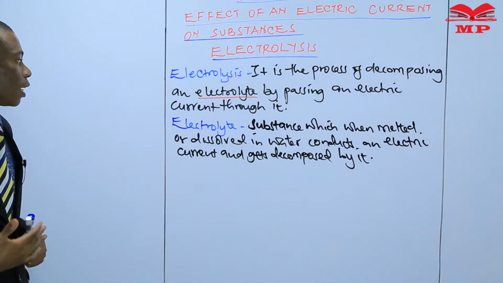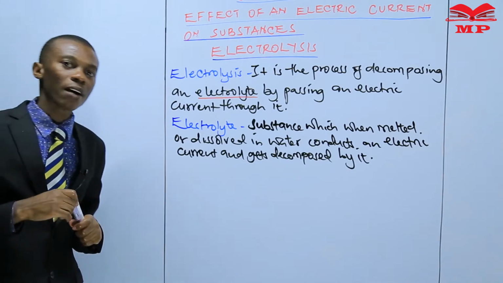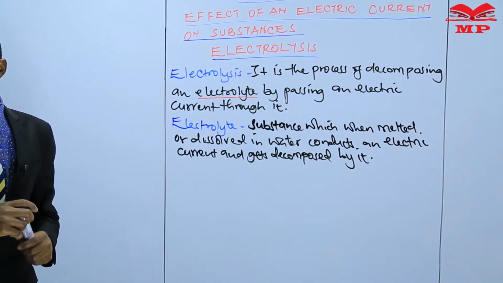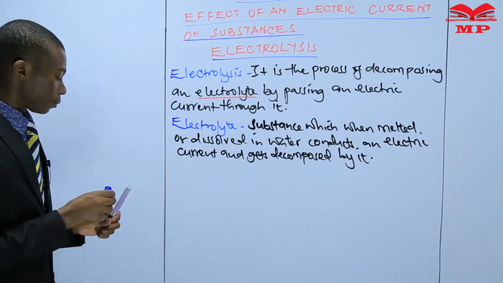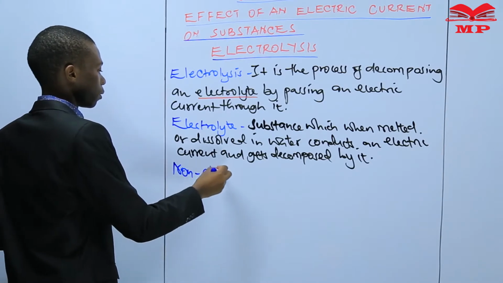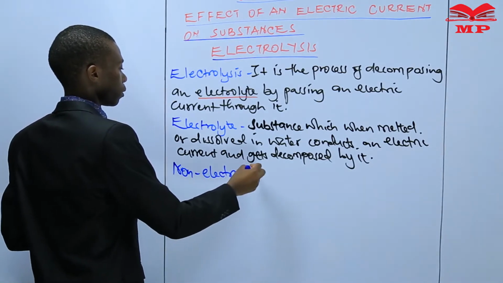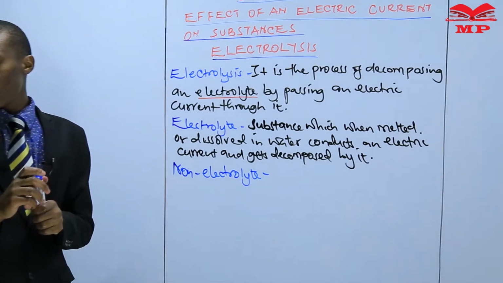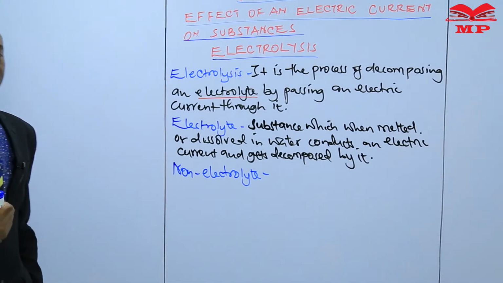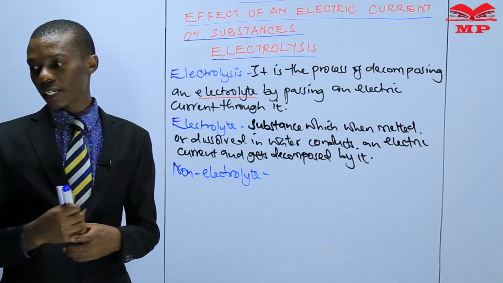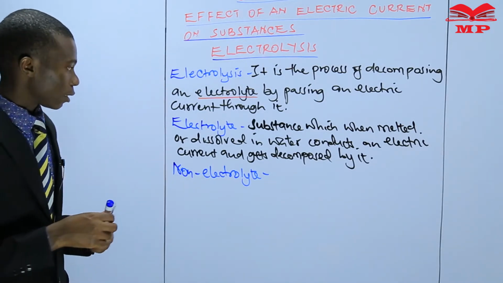If we have the electrolyte, then we have the third term, which is the non-electrolyte. A non-electrolyte is a compound that does not conduct electric current and is not decomposed by it.